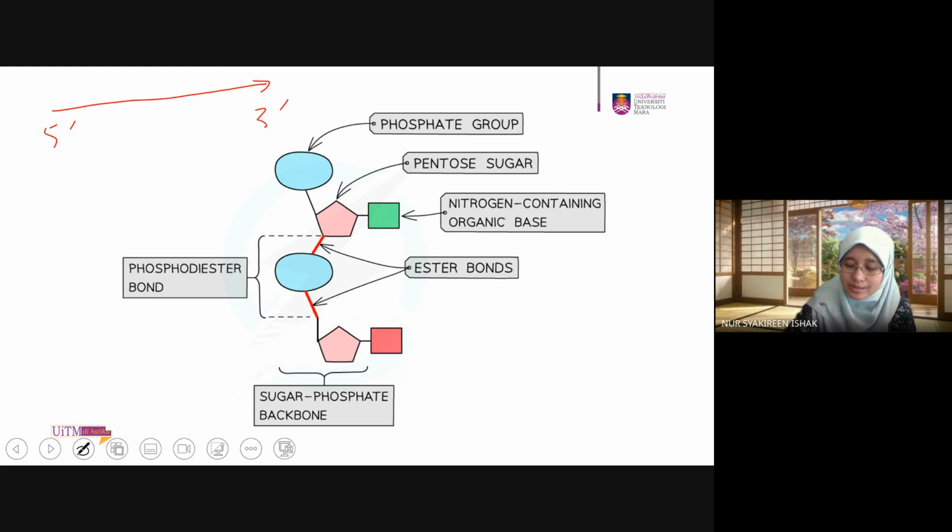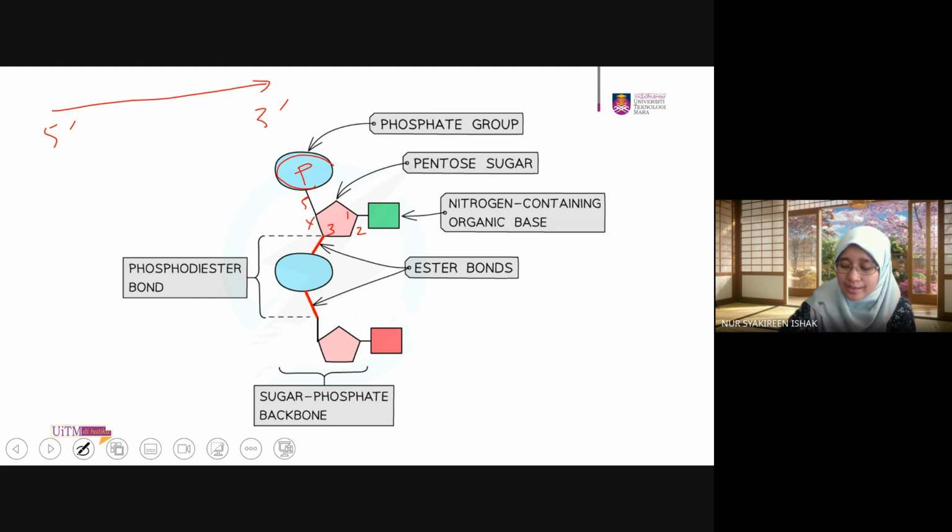Why start there? Carbon number 1, 2, 3, 4, 5; carbon 5 is attached to its own phosphate, at the beginning. It starts with the carbon labeled as 5 prime.